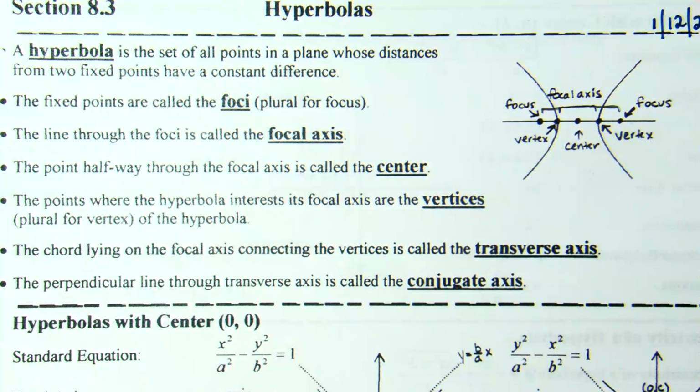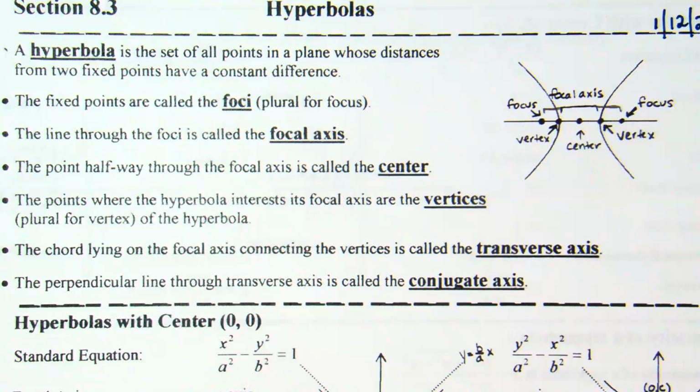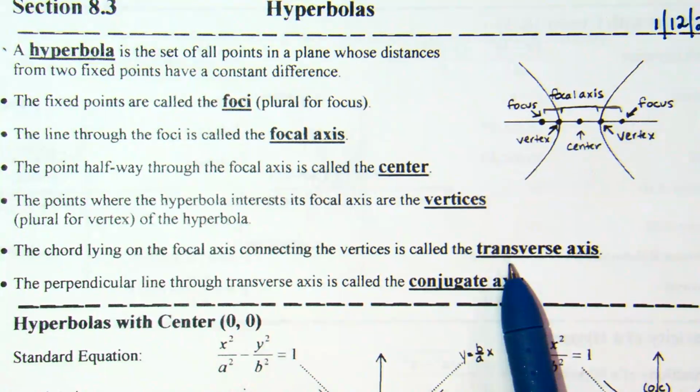Now, the line segment on the focal axis connecting the vertices is called the transverse axis. In an ellipse, when you connect the vertices, it was the major axis. Here, it's called the transverse axis. So this is a lot like the major axis.